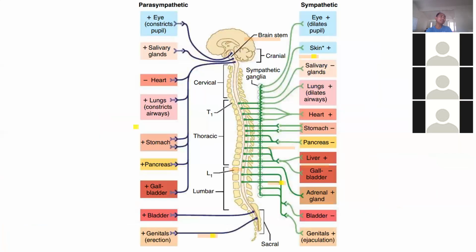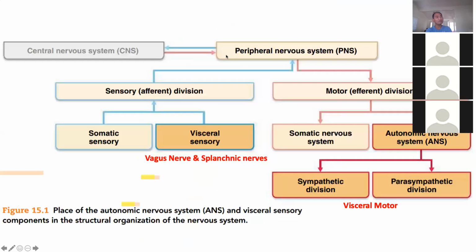So this is a very good diagram telling what the sympathetic and parasympathetic nervous systems do. And don't lose track. Sympathetic and parasympathetic division is the autonomic nervous system, which is the motor division of the peripheral nervous system.